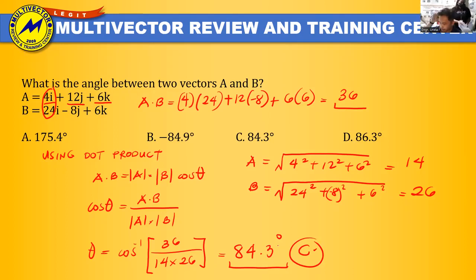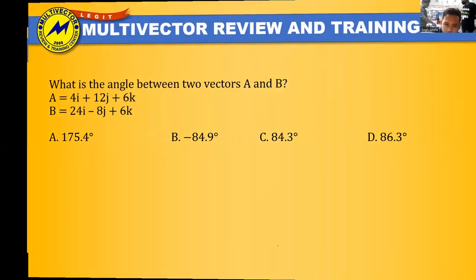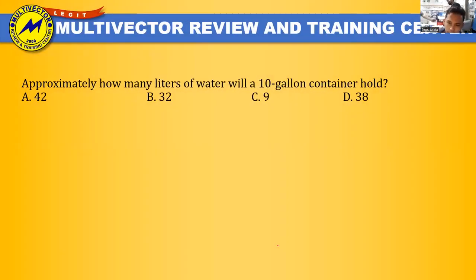Next problem, problem number 96. Approximately how many liters of water will a 10-gallon container hold? So conversion of units lang. Per 1 US gallon, there are 3.785 liters.